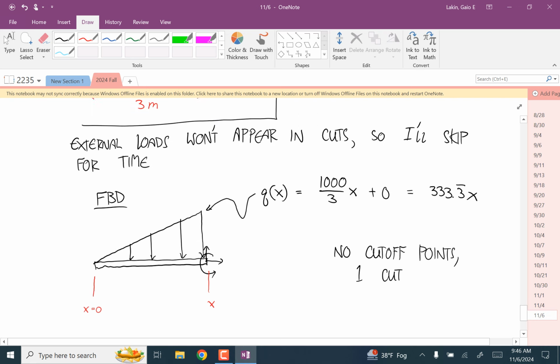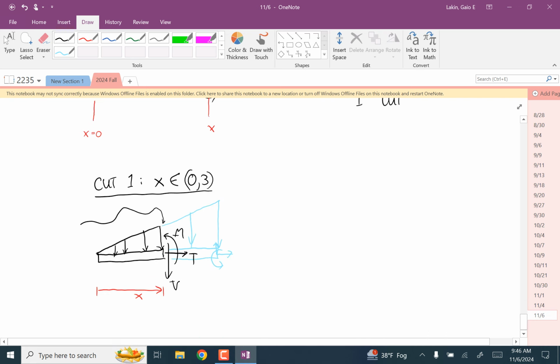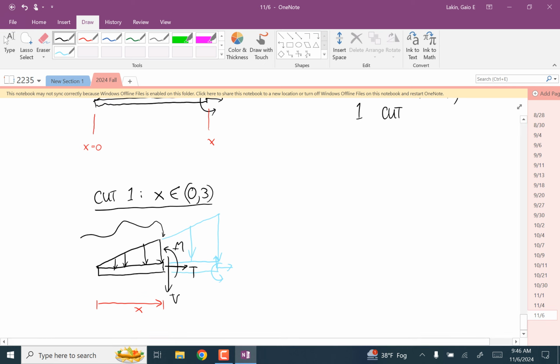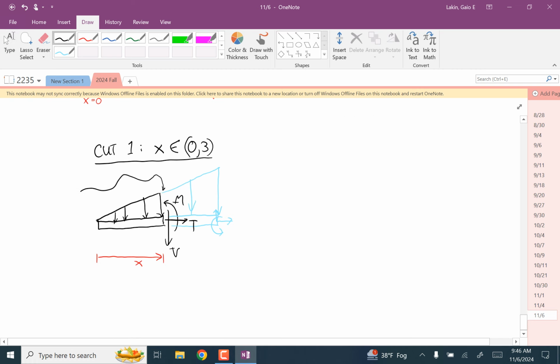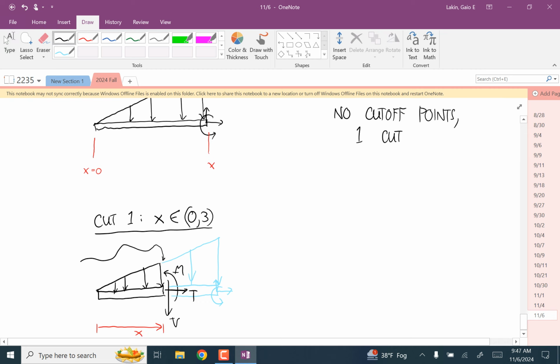It's not 1,000 because we're not getting all the way there. Yep, so it's just that Q function because our X is at the end. So this is just going to be a height of 333.3 X.